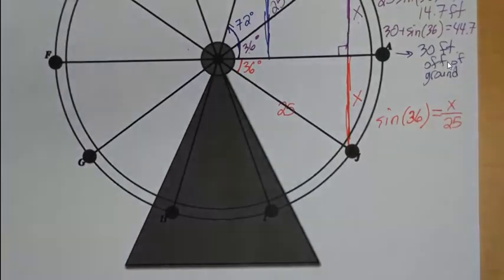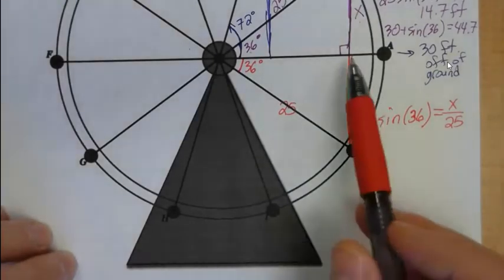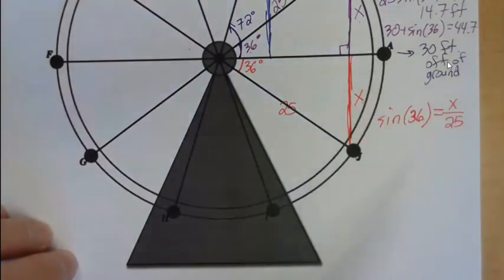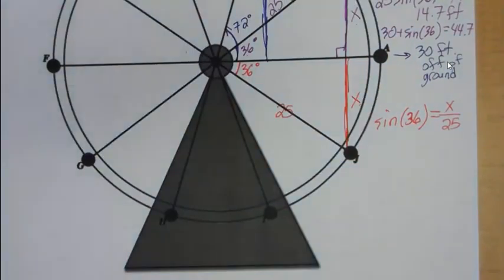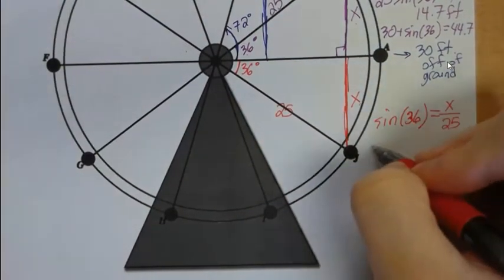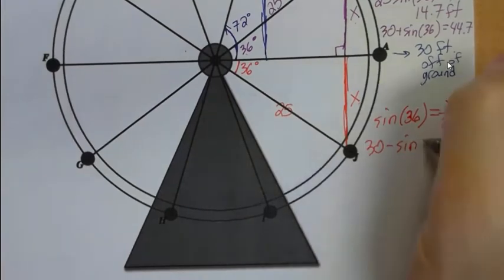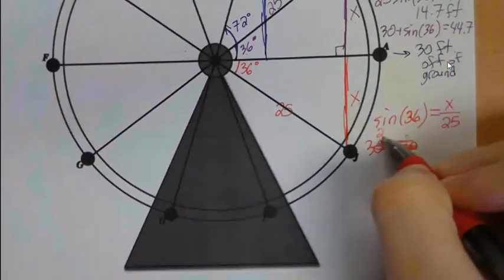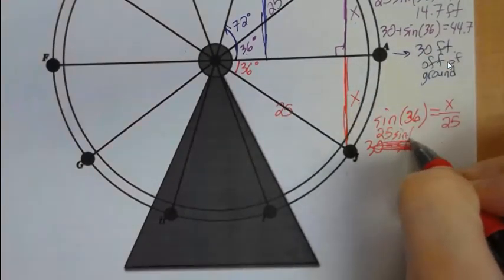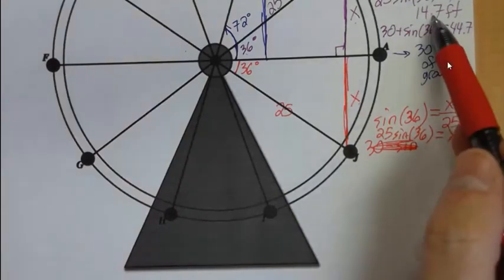We have that set up, but now we have a slightly different result going on. We're not this x amount of feet above 30, where A was. We are x amount of feet underneath of 30. So what that means is we have to do 30 being subtracted. First we had to do 25 sine of 36. We already know that it's 14.7 from earlier.